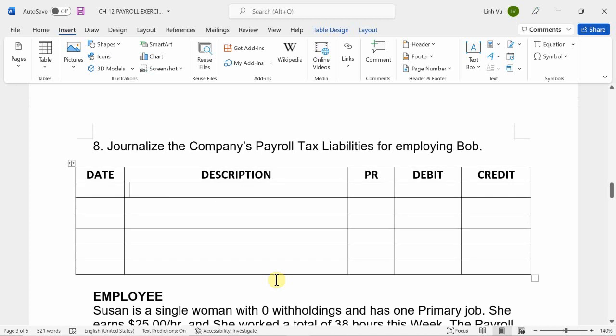The first thing is the expenses. This is company payroll tax expense. What kind of expense is it? Payroll.